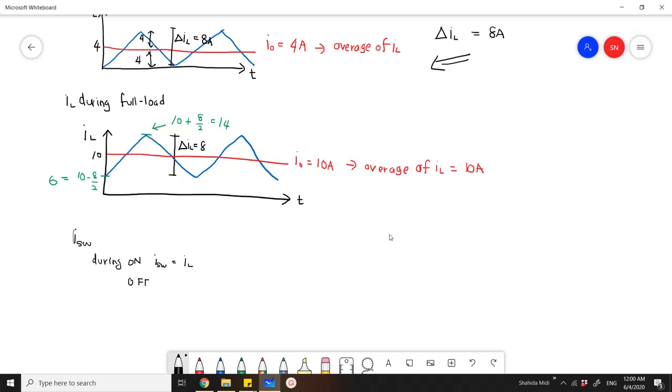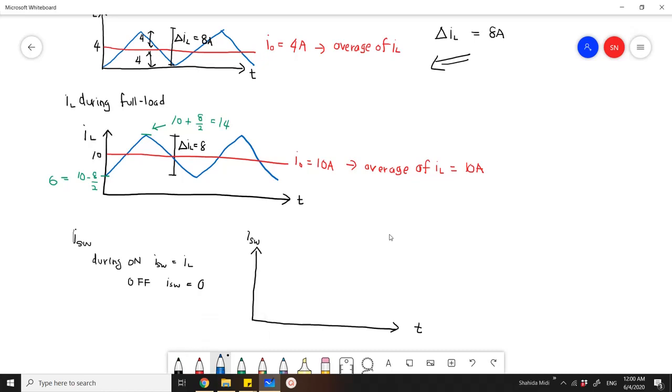During off, ISW is 0. Since we already have the waveform for IL, we can use that for the switch current.